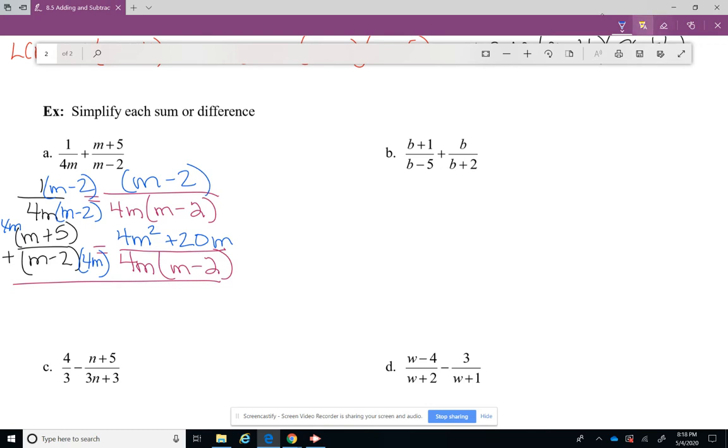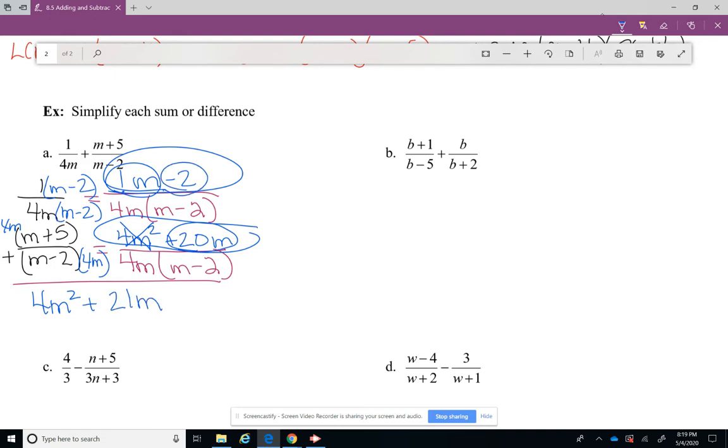I'm going to drop the parentheses with the m minus 2. And I'm going to add the numerators together. So I'm going to start off with 4m squared. Got that one done. This is 1m and 20m, and that makes 21m. And then we have a minus 2. All right, get rid of all that scribble scrabble.